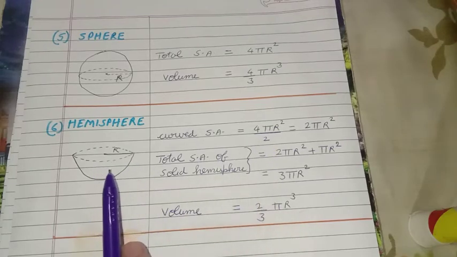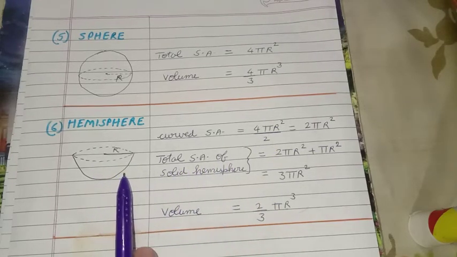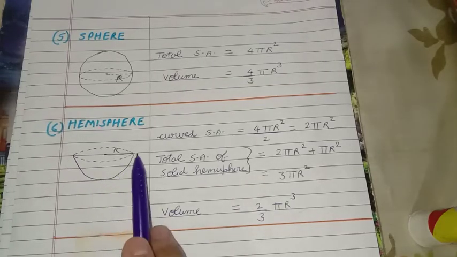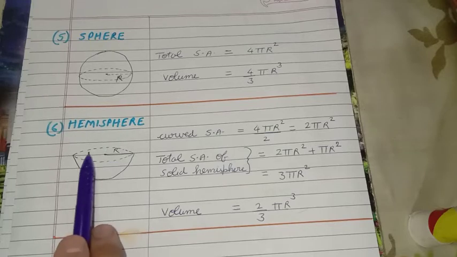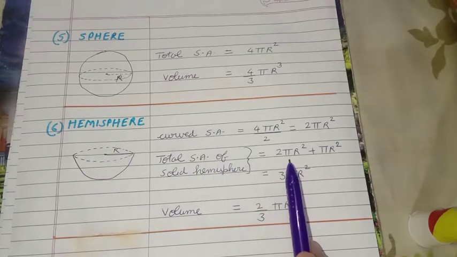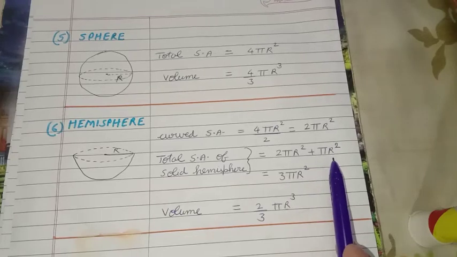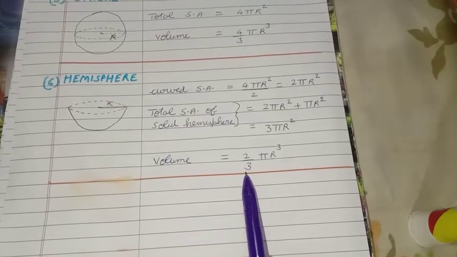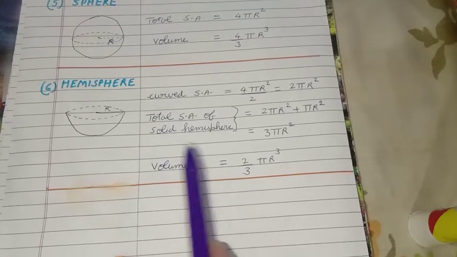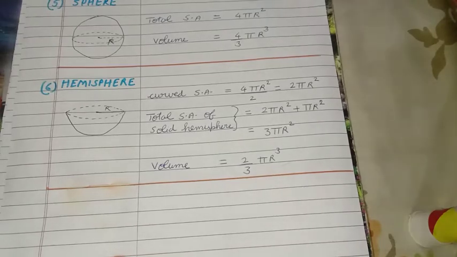But when I cut it, the total surface area of a solid hemisphere is this curved surface area plus the face which is a circle. Okay, so it is 2 pi r square, which is curved surface area, plus pi r square. Next and last is the volume. It will be half of the volume of sphere, so it is 2 by 3 pi r cube.